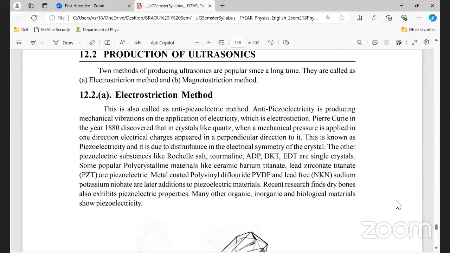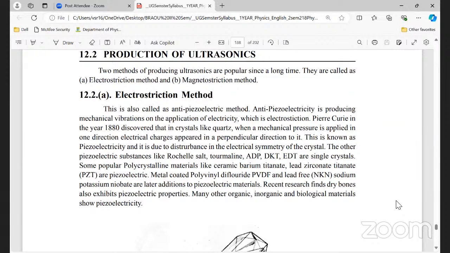So what is observed here? Mechanical pressure is applied in one direction, and electrical charges appear. You can call this piezoelectricity.